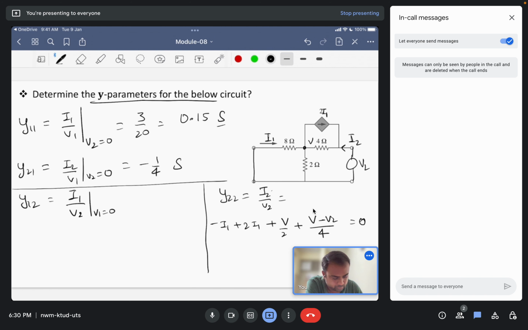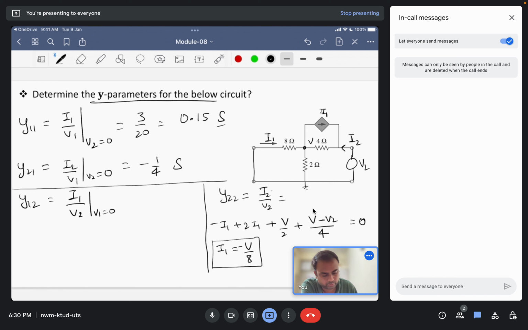And also we know that since this terminal is at ground, so I1 is V by 8. It's minus V by 8 because the direction of current here is inwards.